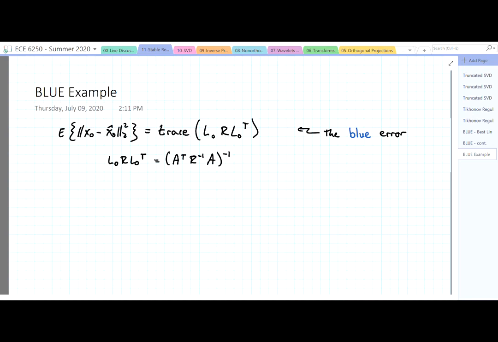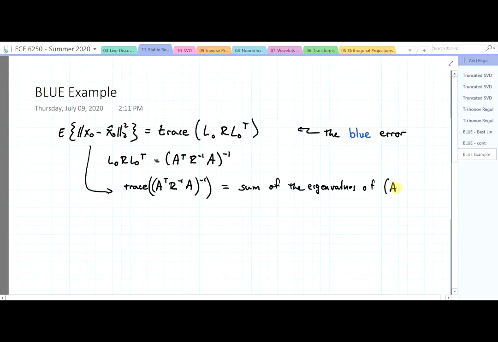And now, this quantity evaluates to the trace of (A transpose R inverse A) inverse, which is equal to the sum of the eigenvalues of (A transpose R inverse A) all inverse.